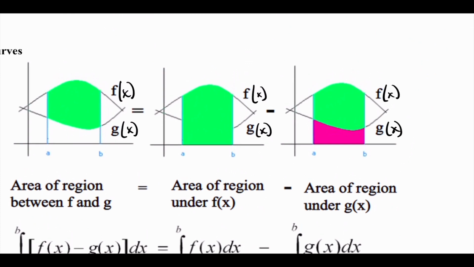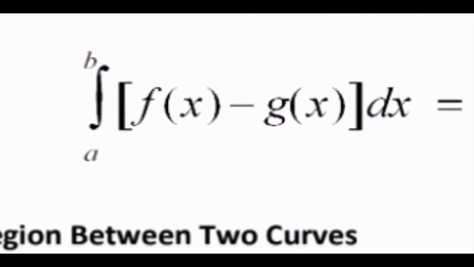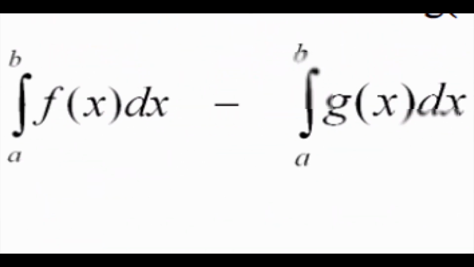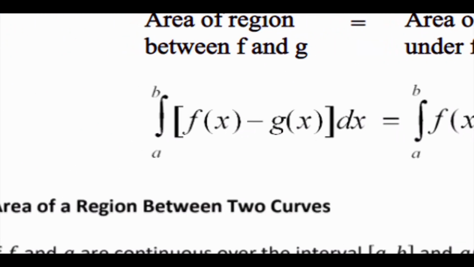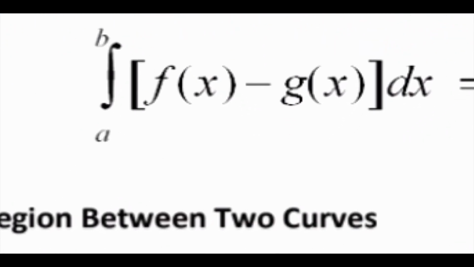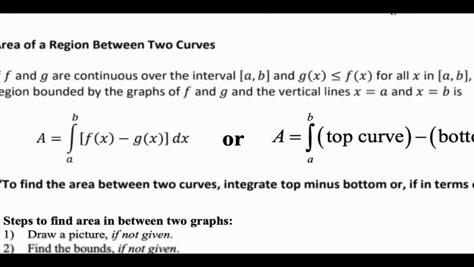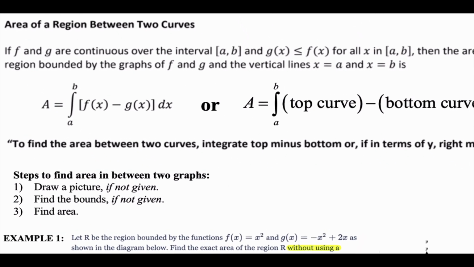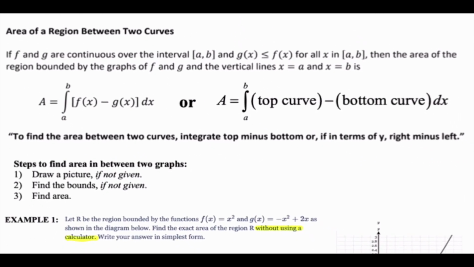Just find the area of the whole, find the area of the piece you don't want, subtract them. You can split this up into two pieces like they did here, or you can just do it together as one. Either one works, okay?